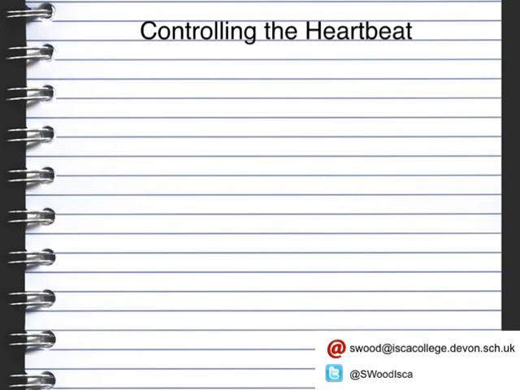Controlling the heartbeat is done by something called a pacemaker. A pacemaker can be found in the right atrium. It's a group of specialised cells that send out electrical impulses, and it spreads across the heart muscle and it causes it to contract.